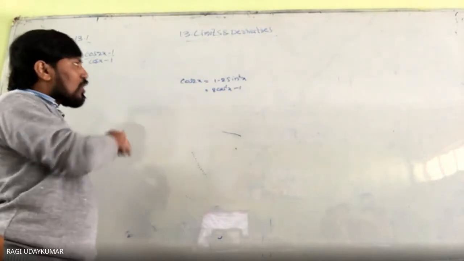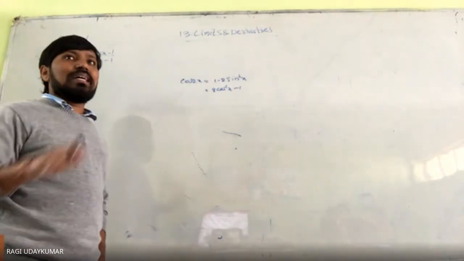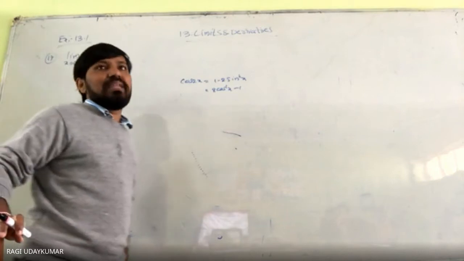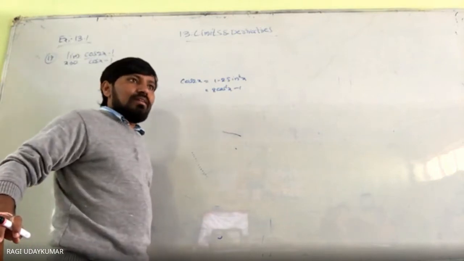So here, 2 cos square x equals 1 plus cos 2x. Suppose somewhere you have plus, then you write it as 2 cos square x.